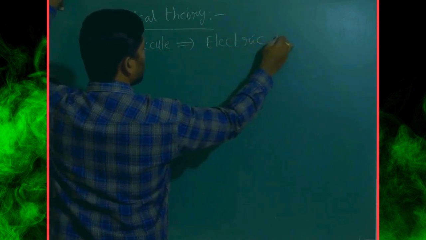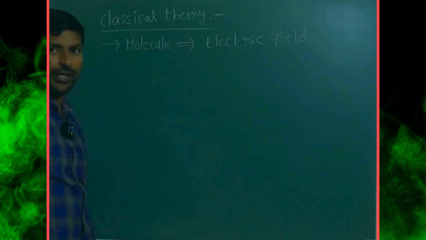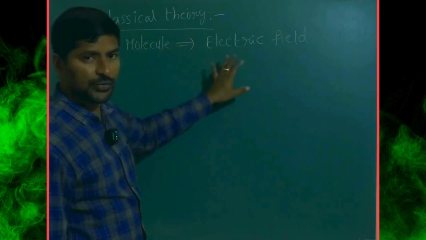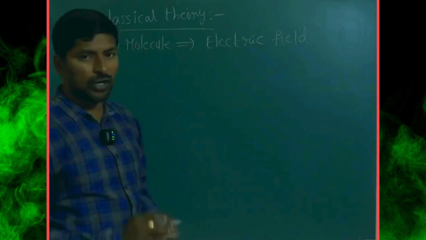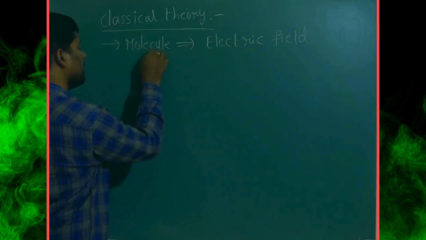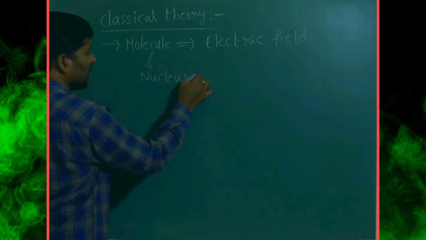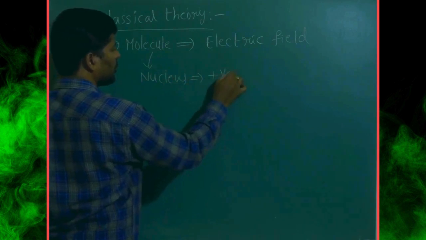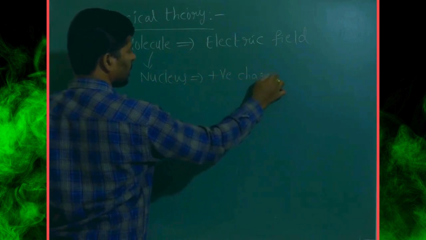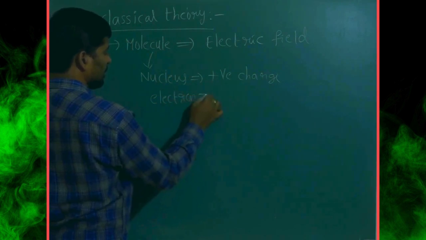We know electromagnetic radiation possesses both electric field and magnetic field. Here we have nucleus and electron. The nucleus possesses positive charge, whereas the electron possesses negative charge.